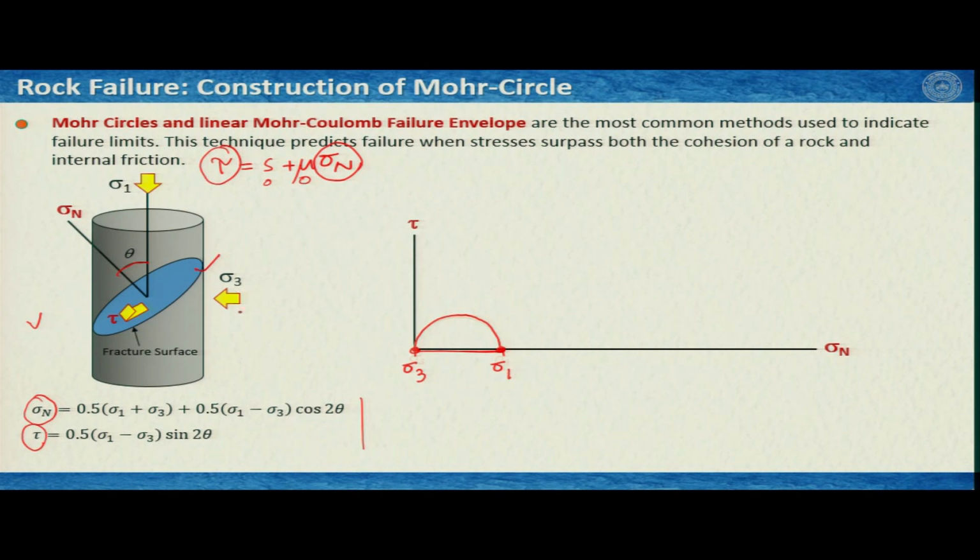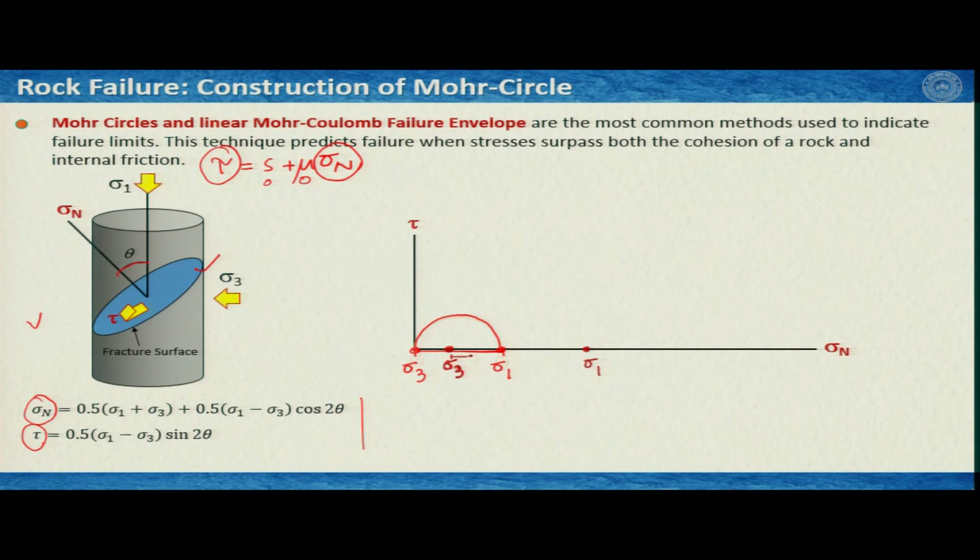Now, if I increase sigma 3, say I plotted it here, I applied some confinement, then we know that with confining pressure the failure strength of the rock increases. So, sigma 1 in the second case has to be certainly higher than sigma 1 when there was no confinement.